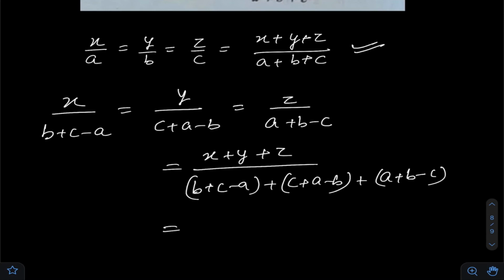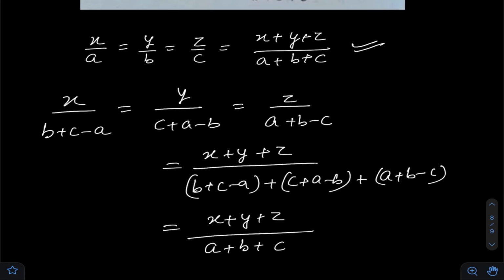So we can see in numerator we are having x plus y plus z. In denominator, see carefully, a is cancelling with a, b is cancelling with b, and c is cancelling with c, and we are getting single a, single b, and single c left. This is what we were supposed to prove.